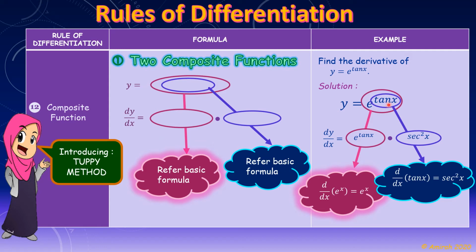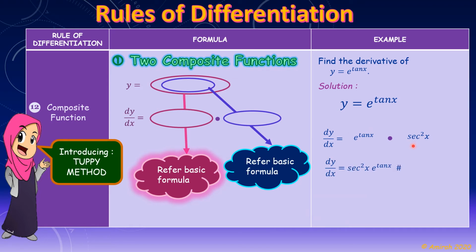So we put here the derivative of tan x equals sec squared x. This is two composite functions. And after that, we can simplify, so we can write dy over dx equals sec squared x times e to the power of tan x.